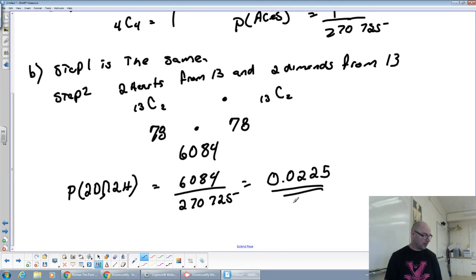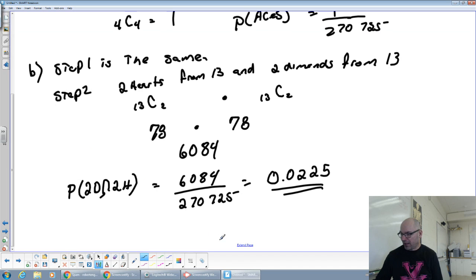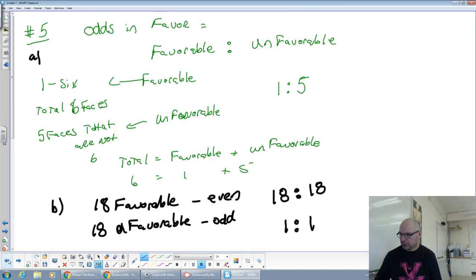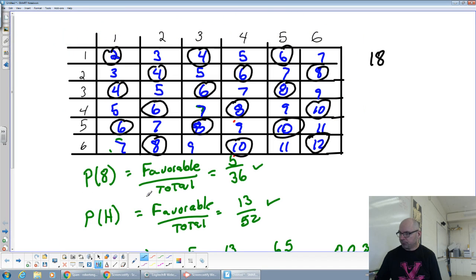Okay, so that's how you do those two. That's combinations. The other one is on a 6-sided die, rolling a total greater than 8 or doubles. So we have to go back to that 2 dice diagram. We need to erase all the black circles that we did on the last one and have a blank one here.